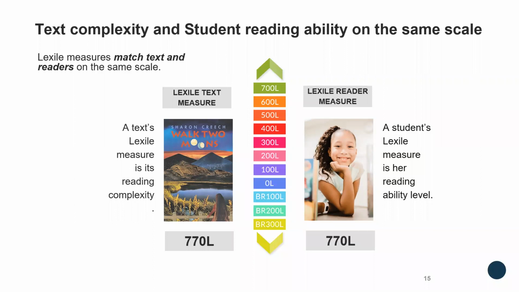Now on the right-hand side, we have this cute young lady, and she may have just taken iLearn, or maybe she took a benchmark assessment, and her Lexile measure was found to be at a 770L. This tells us that because of, yes, this perfect match example, this student will be able to read this book, Walk Two Moons, without being frustrated or bored. We are putting the text that they encounter on the very same scale as their reader ability.